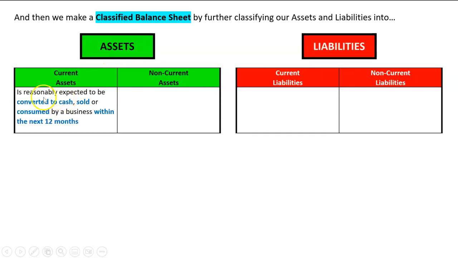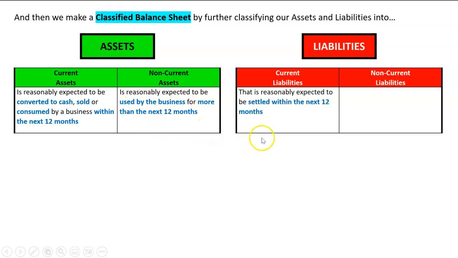With assets, current assets are the ones reasonably expected to be converted to cash, sold, or consumed by a business within the next 12 months, whereas non-current are the ones that we reasonably expect to be used by the business for more than the next 12 months. Current liabilities are the liabilities reasonably expected to be settled within the next 12 months, and non-current are the ones not required to be settled within the next 12 months.